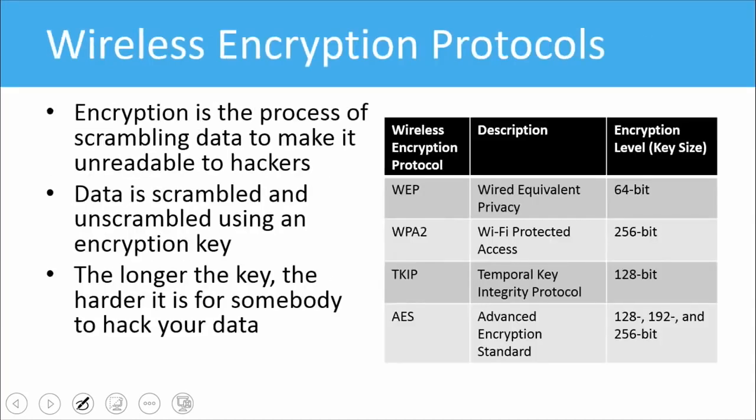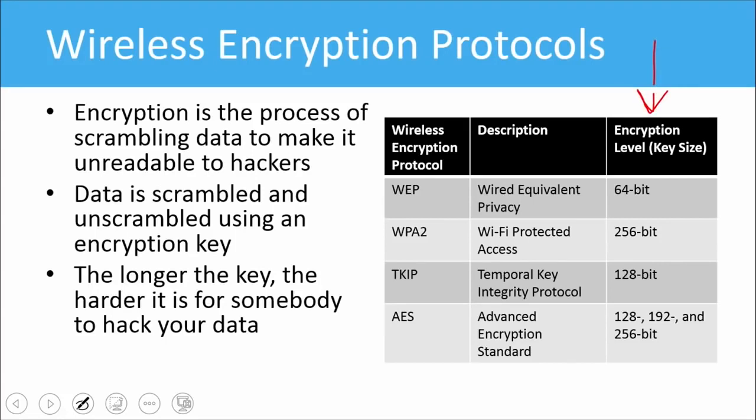The table to the right is going to detail a couple of different wireless encryption protocols for you. You may be familiar, you may be using some of these at home. But what happens with encryption is that we scramble data to make it unreadable to hackers. We do this using keys. And the size of your encryption key is going to dictate how strong your encryption is, right?